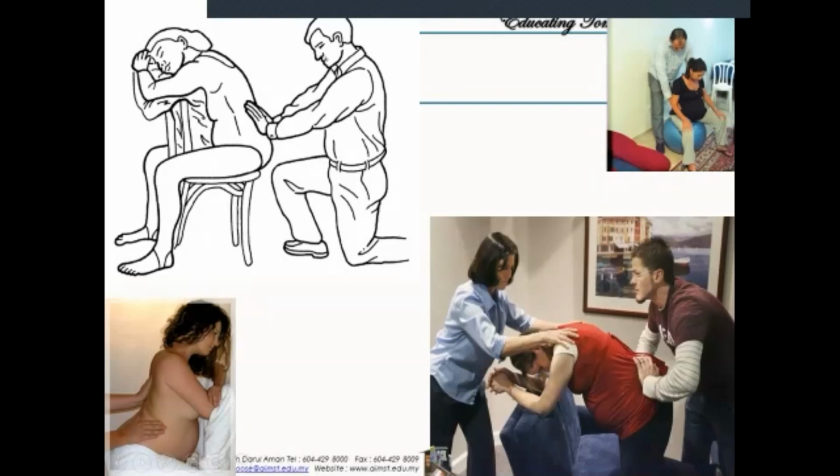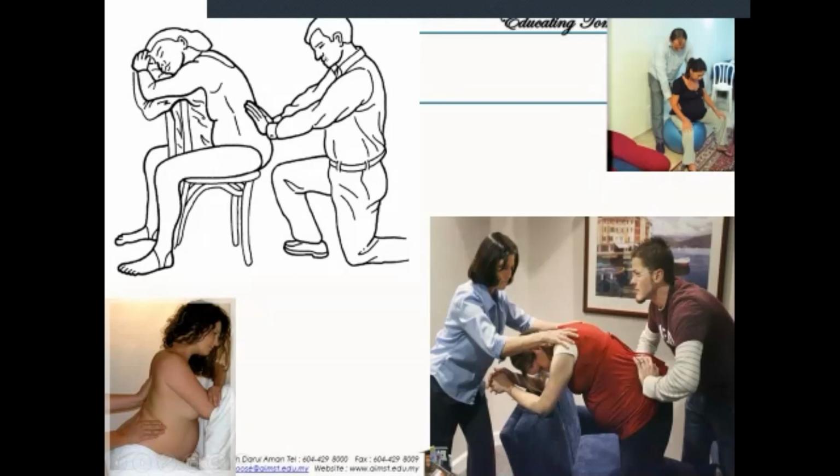These are some of the other positions which you can use during the first stage of labor. Keep in mind that in the first stage, the effacement will normally be very little, so you should not go toward gravity positions.